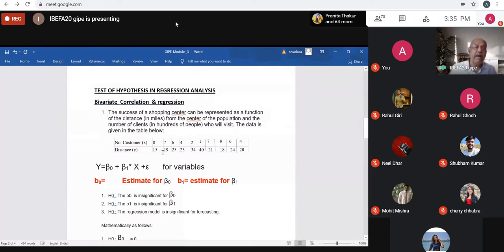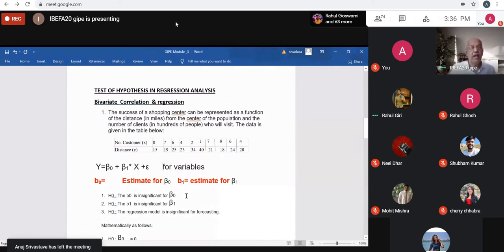And from the sample, using our LM model, we find B0 and B1, correct? Yes, sir. They are the estimates of beta naught and beta 1. So the estimate will vary from sample to sample, correct? Therefore, we have to test 3 hypotheses.